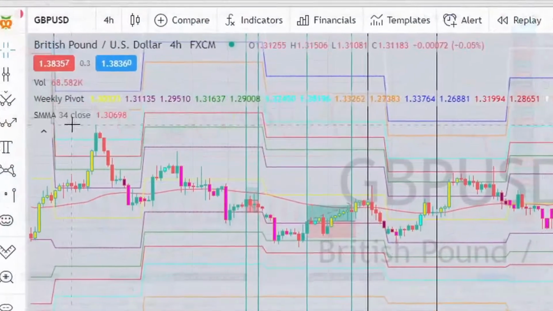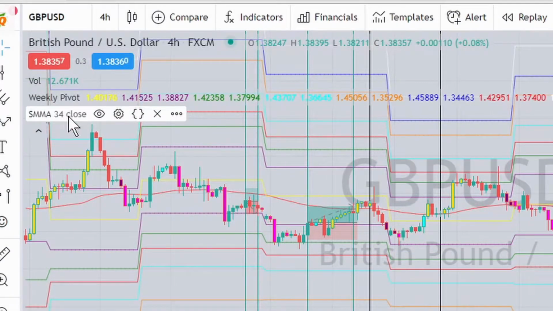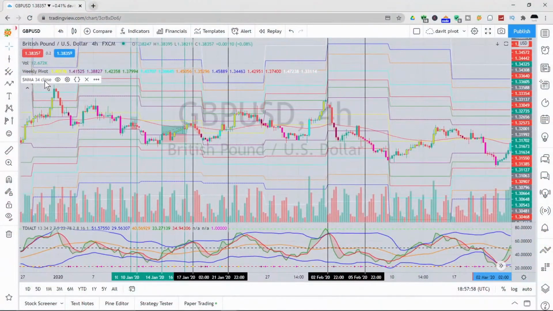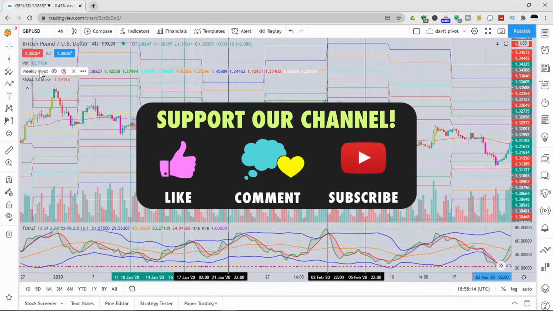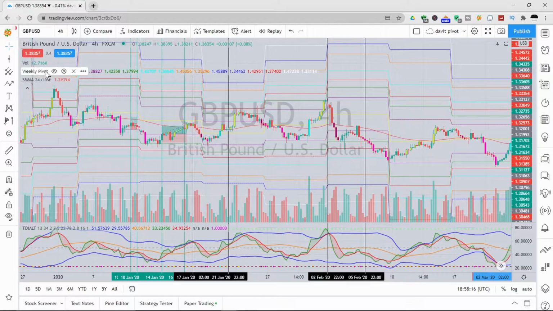As you can see up here, I did the 34 smooth moving average close, and I was looking to see how I could give you guys the weekly pivot. I don't know the name of the person who made this indicator, but it is called weekly pivot.